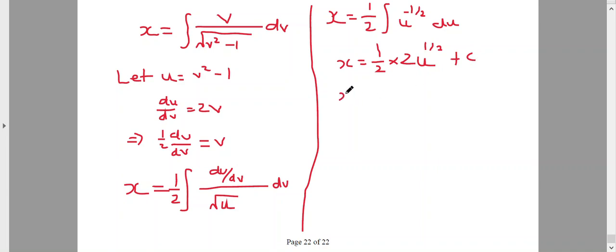And I can simplify that to x equals u to the power of a half plus c. Substitute the u back in. So x equals square root of v squared minus 1 plus c.